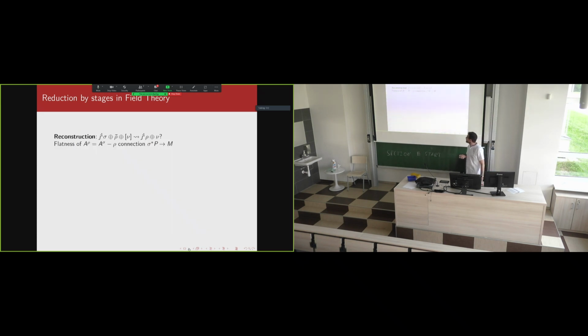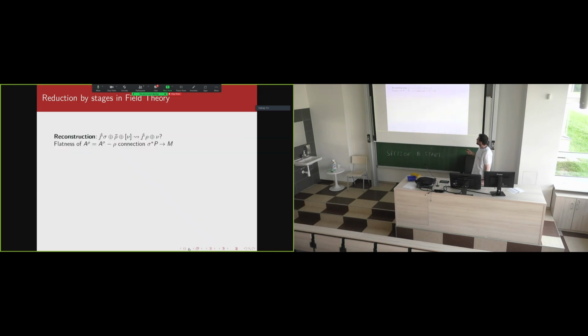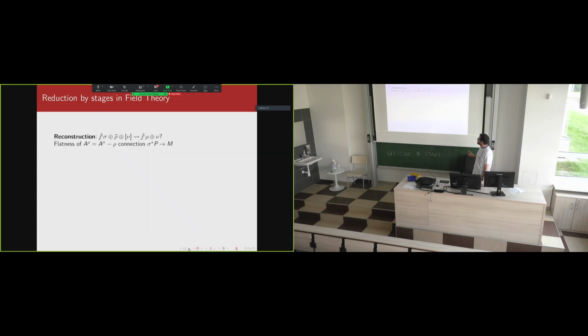So just to finish, I would like to say some particularities of this with respect to the case of mechanics, the main one being the reconstruction. So here I'm saying that I suppose I have a solution in the unreduced problem, and then I get a solution of the reduced problem. But if I have a reduced solution, do I have a solution of the unreduced problem?